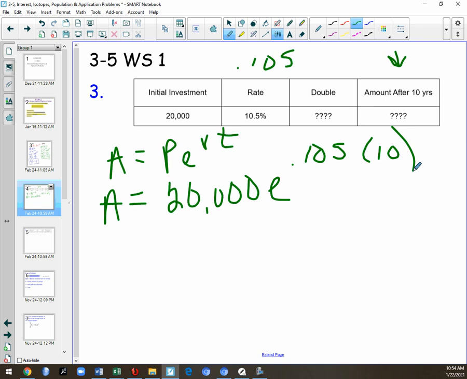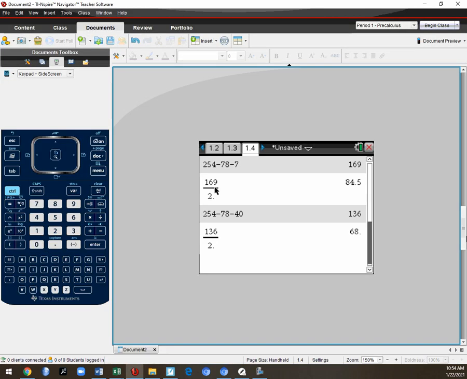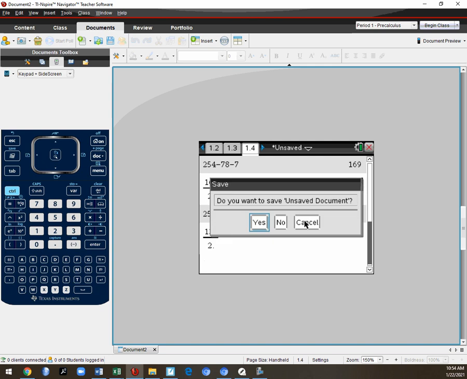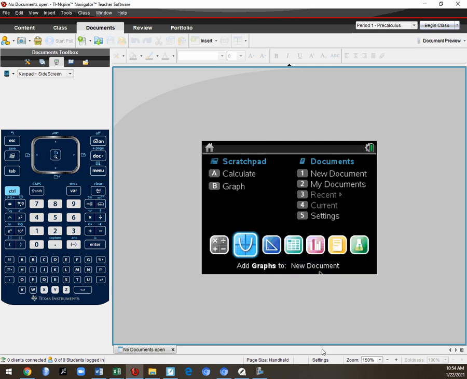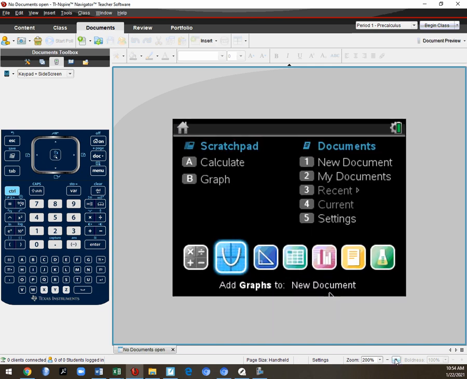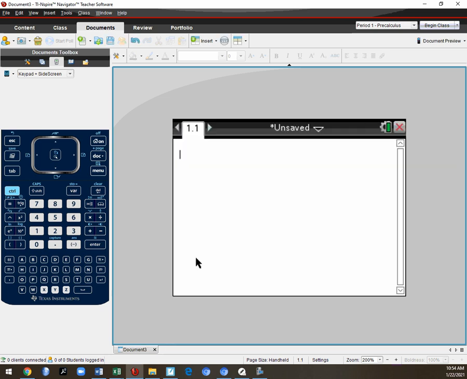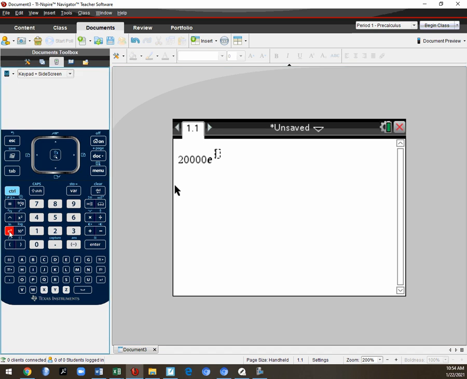So what I'm going to do is grab my calculator, and I'm going to get a brand new document so that you guys can see this a little bit better. I want a calculator page, and I'm going to simply type $20,000 and then grab my E, raised to 0.105, because that's my interest rate, times 10.